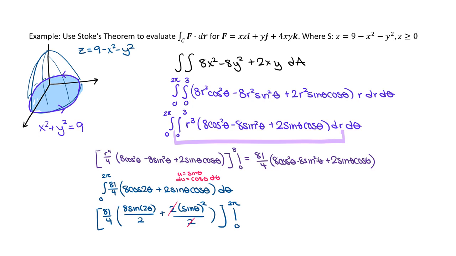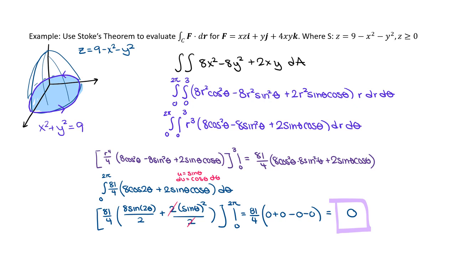And now I'm ready to do my integration. The 8 cosine 2 theta becomes 8 sine 2 theta over 2. For the second term, 2 sine theta cosine theta, the u is sine theta, so the du would be cosine theta. We integrate that and get u squared over 2, or I guess 2u squared over 2, so 2 sine squared over 2, or just sine squared.